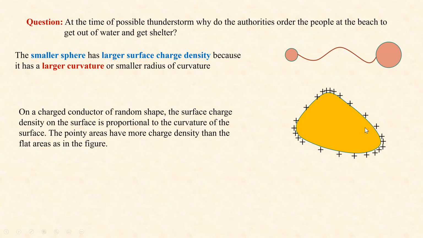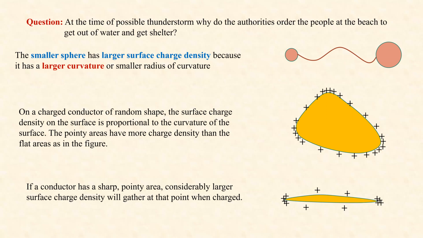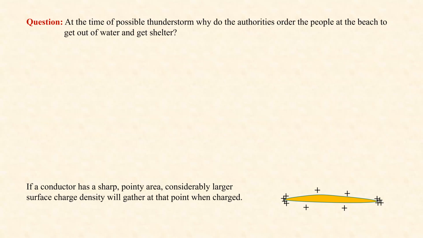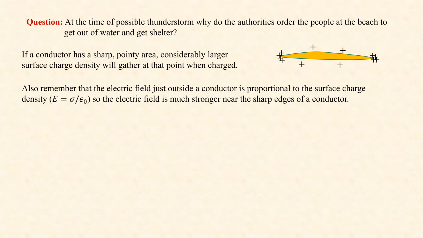So the charges go to the pointy places. If you have something that's very pointy, then the surface charge density over here is much, much larger than the other places. Okay, why is that important? Let me continue. Remember that we said that the electric field just outside the conductor is proportional to the surface charge density, right?